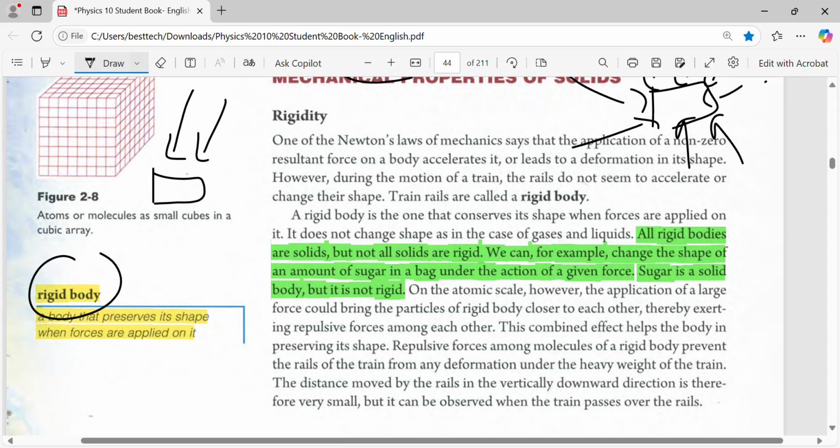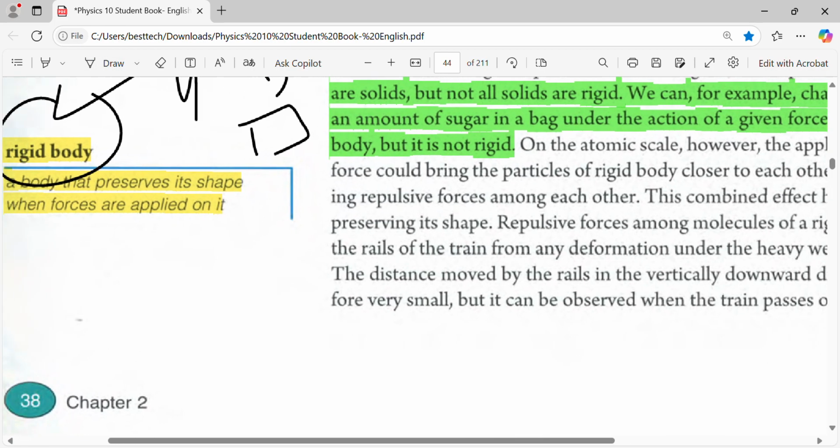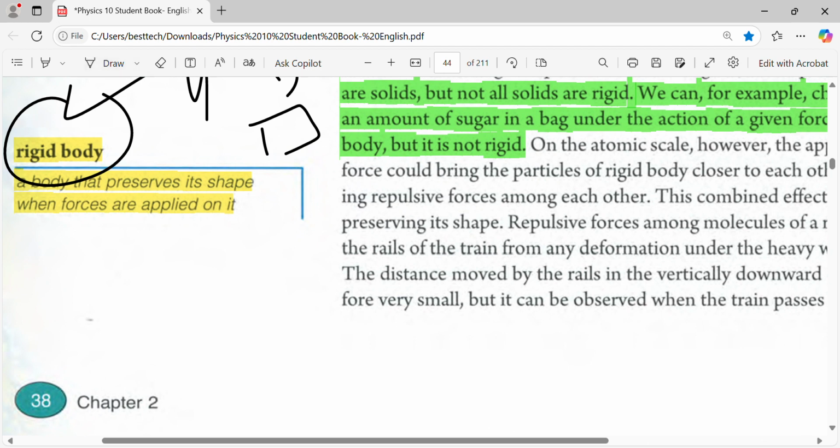For example, I'm going to apply force. After applying force, it's still a square. Its shape is still square, still the object without changing. So this is a rigid body. What do we have? Another example. Again, any object. I'm going to apply pressure.